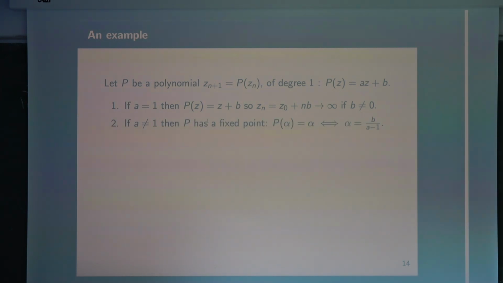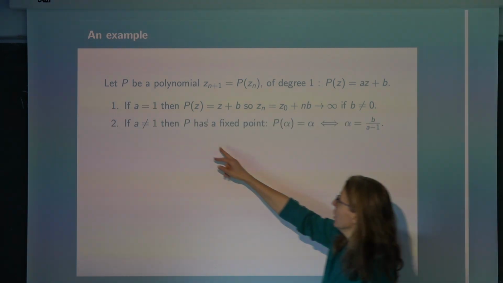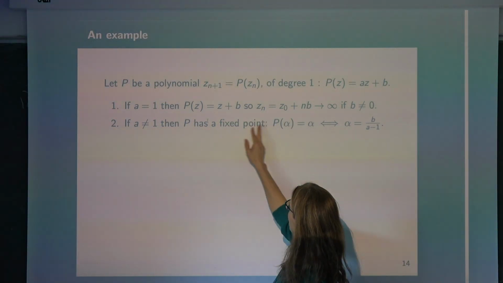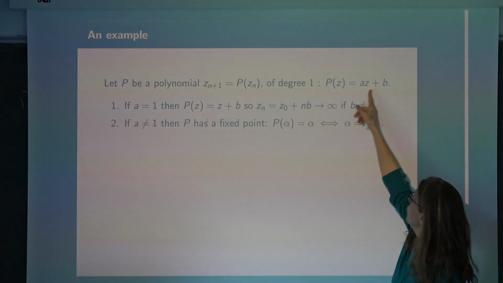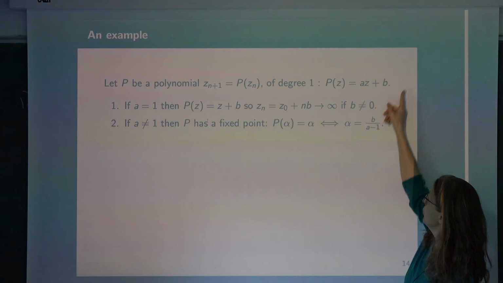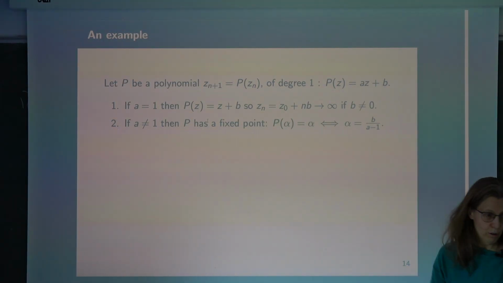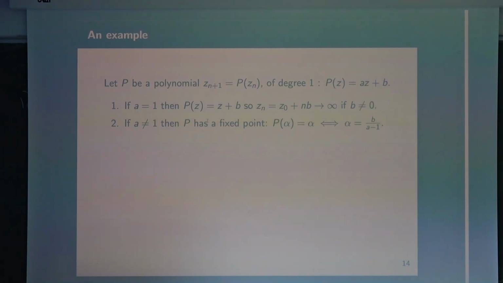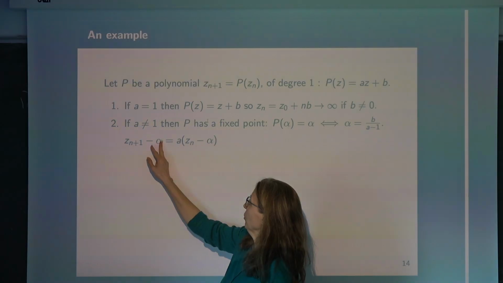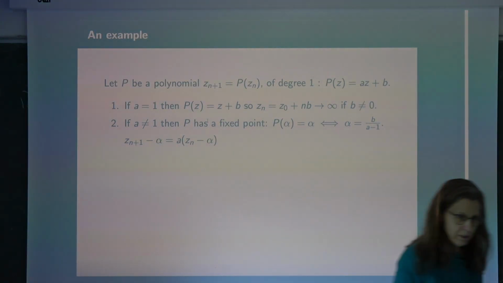And if a is not 1, then you can solve the equation. You find that P has a fixed point. If you solve this equation, you find the formula for the fixed point. We don't need it, but if you want, you can have the formula. And what is important is that if you subtract the fixed point, then you get a geometric sequence.